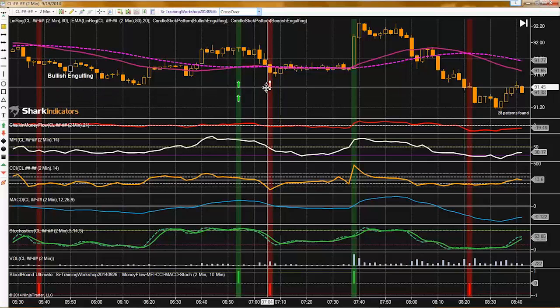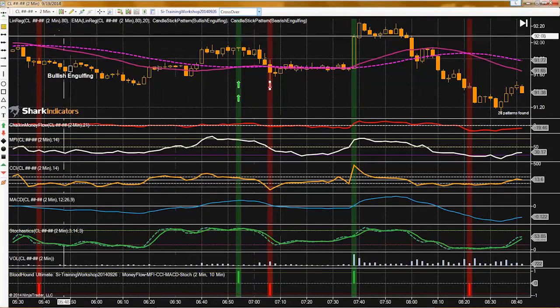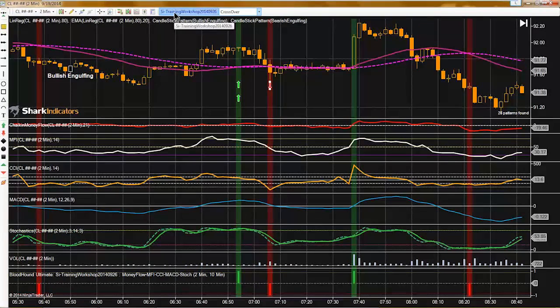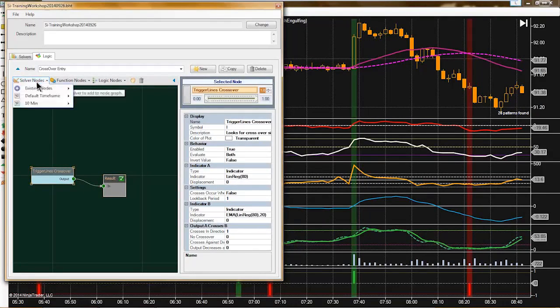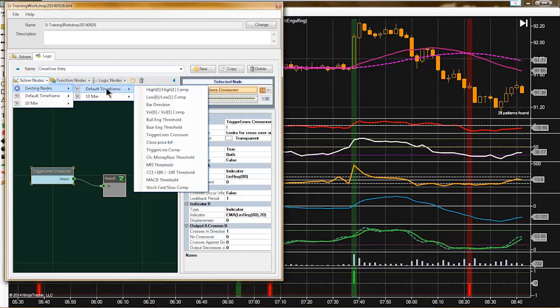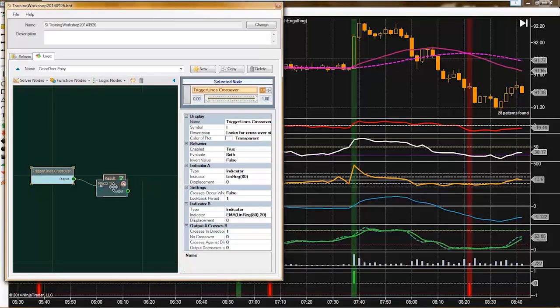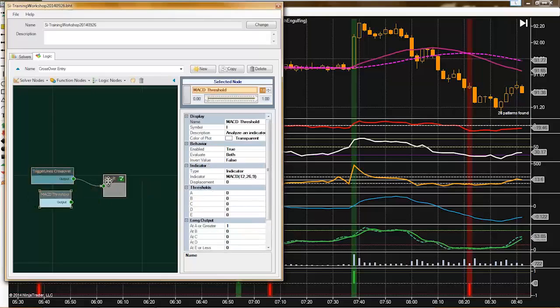To build an exit template, essentially it's just taking your crossover solver. I can take this crossover entry, and we'll call this a crossover entry. Since I already have a solver built, let's throw that MACD on here. Here's our MACD condition.